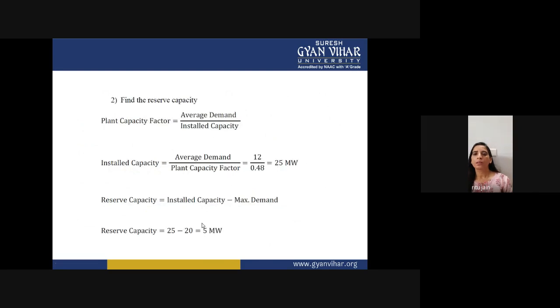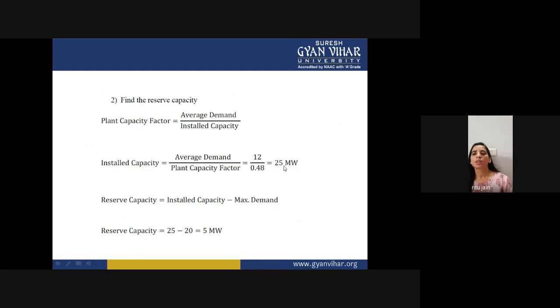Now find the reserve capacity. So first you have to find out its installed capacity. So installed capacity can be easily calculated through plant capacity factor, which is equal to average demand upon installed capacity. So installed capacity is equal to average demand upon plant capacity factor, which is already given or we have calculated.